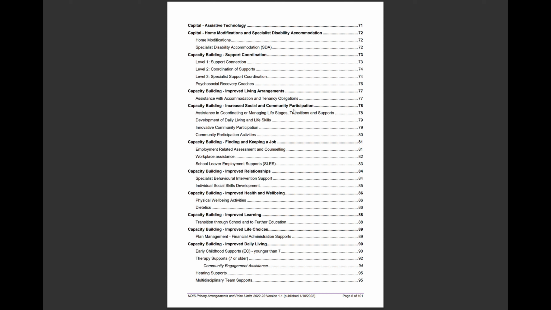Increase social and community participation to help people to develop their ability to be involved in activities that they would like to do. And finding and keeping a job, so to help people who are looking for employment and looking to explore the options that might be available to them, for example.